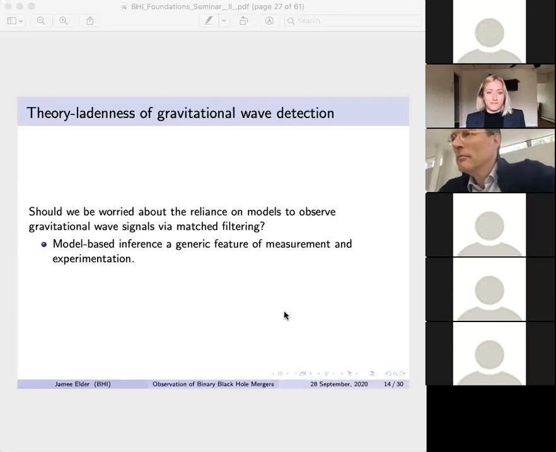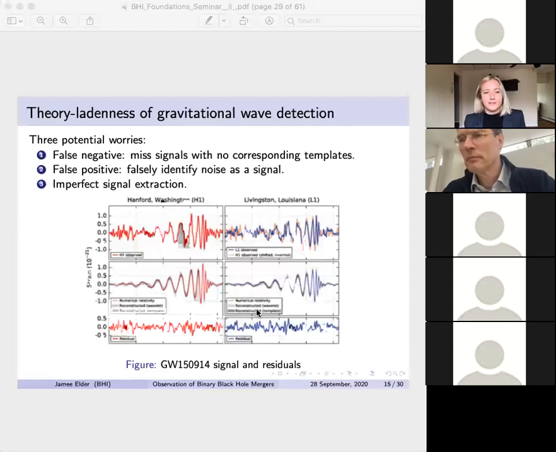And while matched filtering might be a very clear case of it, I think it's at least not a particular problem for LIGO. That said, I think there are three particular worries that we might have about how the reliance on models might be a problem for the methodology here.